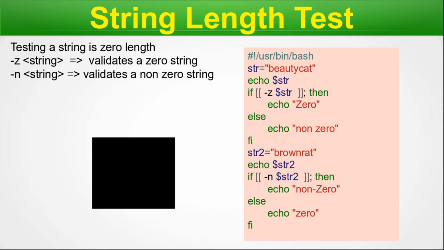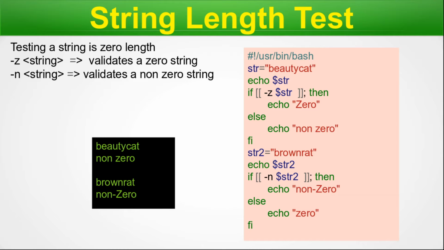Let's execute the script. If I execute, BeautyCat echoes non-zero. So the first if condition, we can see, echoes non-zero because the string is non-zero. In the second case, brown rat is also non-zero, so it is showing non-zero.